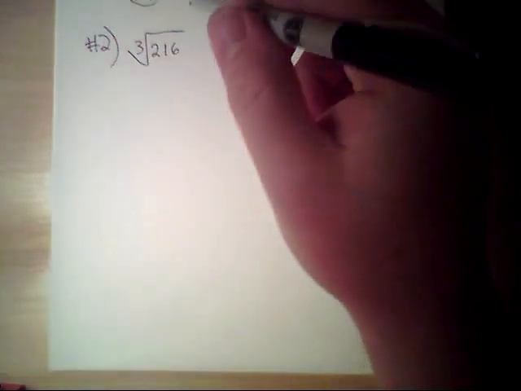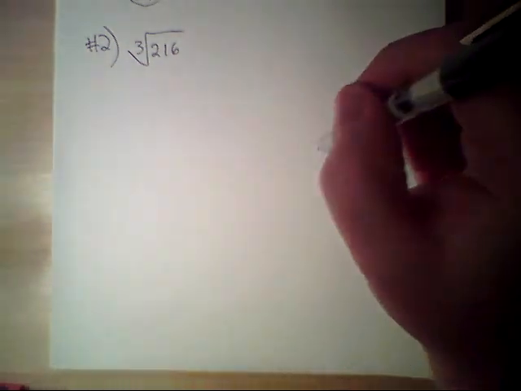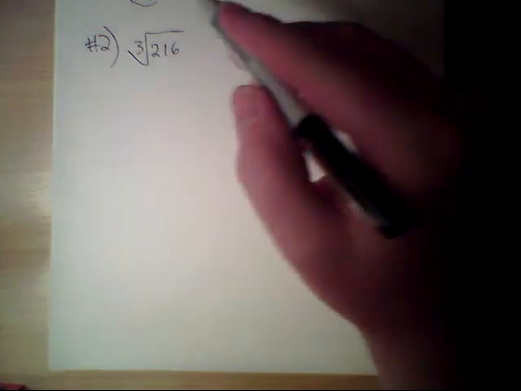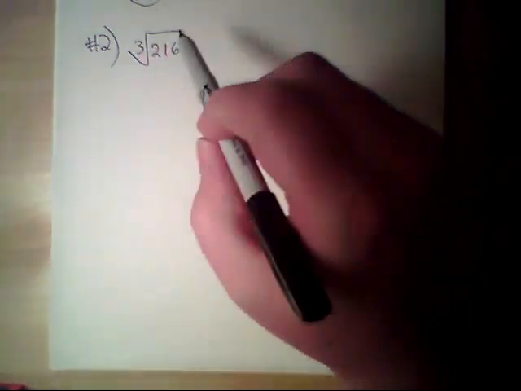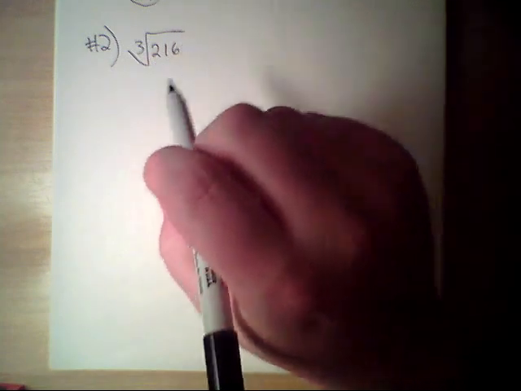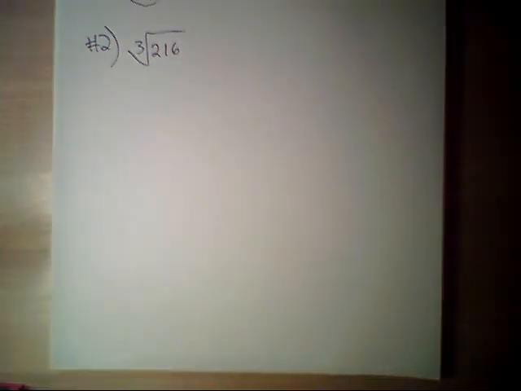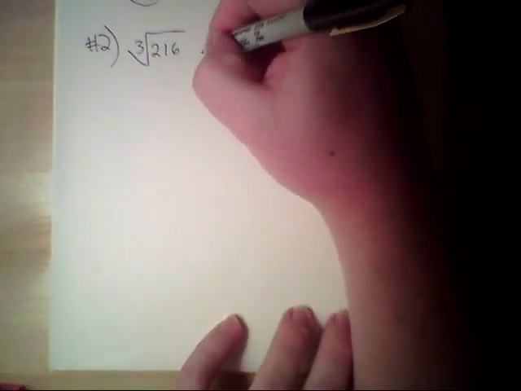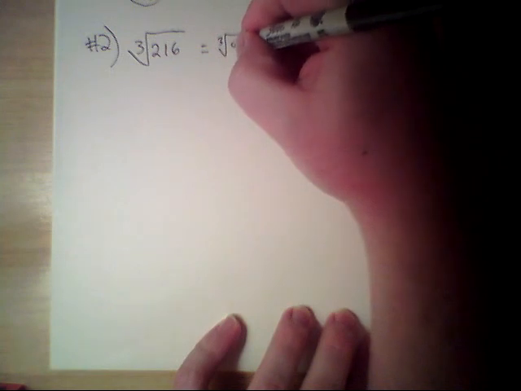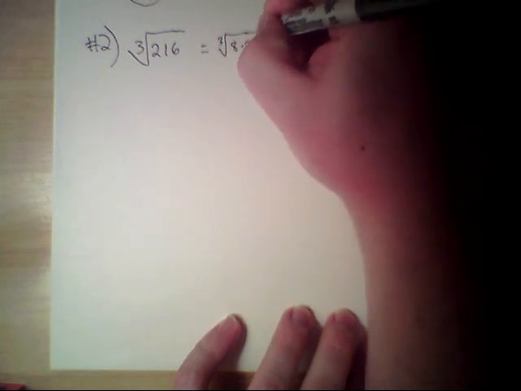It's good to kind of have in mind the first couple of perfect cubes as well. 2 cubed is going to be 8, and then 3 cubed is going to be 27, as we see here. This looks like a good candidate to divide by 8, and that would be great if we could. So let's see if that divides by 8. 216 divided by 8. Sure enough, that's going to be the cube root of 8 times 27.